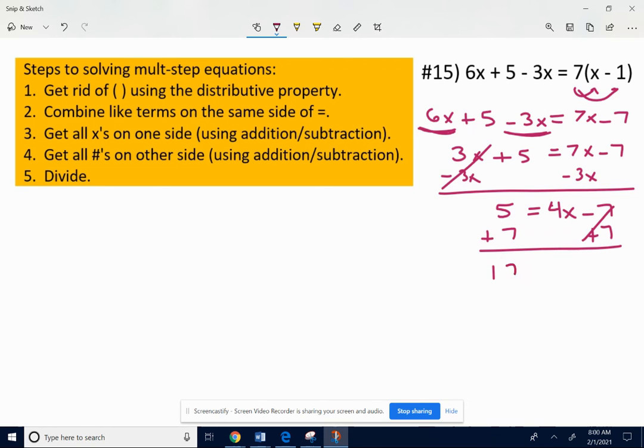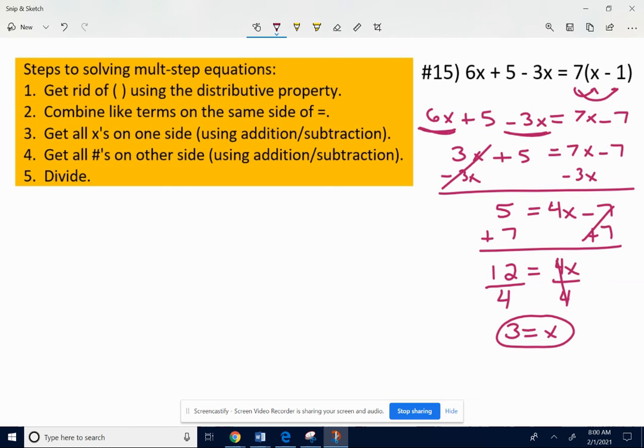That leaves us with 12 on the left, 4x on the right. The last step is to get rid of the number multiplied to your variable by dividing. We need to get rid of the 4 that's multiplied to x by dividing by 4, but we need to do that to both sides. 12 divided by 4 is 3, so we get x equals 3.